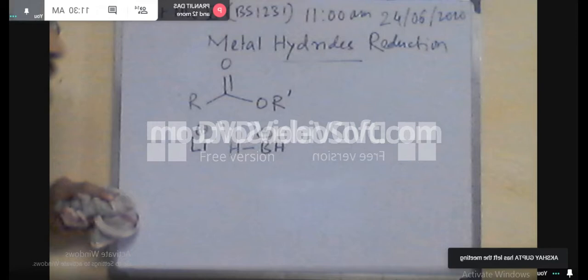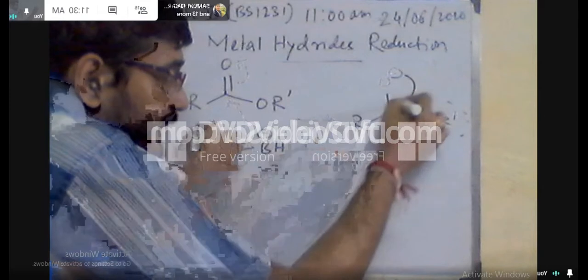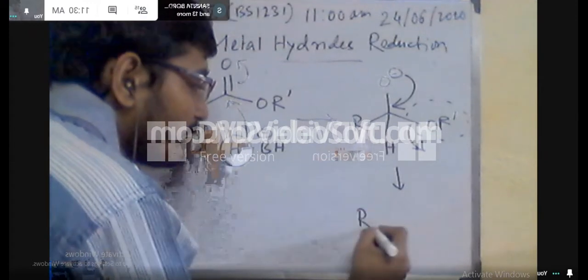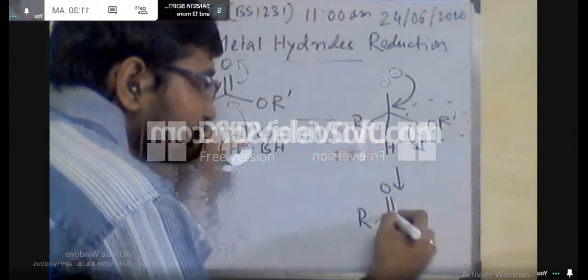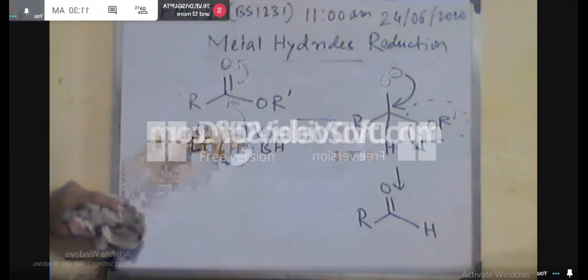And in the final step, acid workup, H plus, it will get protonated and give the corresponding alcohol. So this is the reduction pathway of the ester in presence of lithium borohydride, and it will be similar using lithium aluminium hydride.